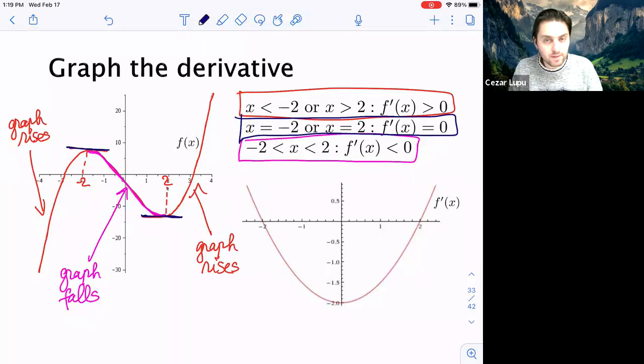And then you have what we call critical points at -2 and 2. That's the graph of the function. The graph of the derivative, as you can see, passes through -2 and 2, and it will have a minimum somewhere. So it will be a quadratic function.